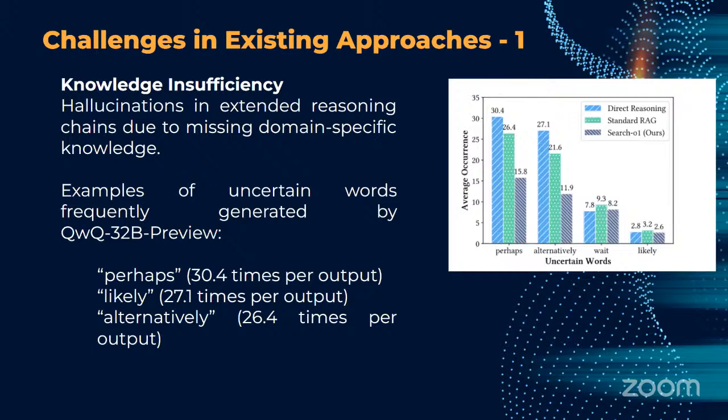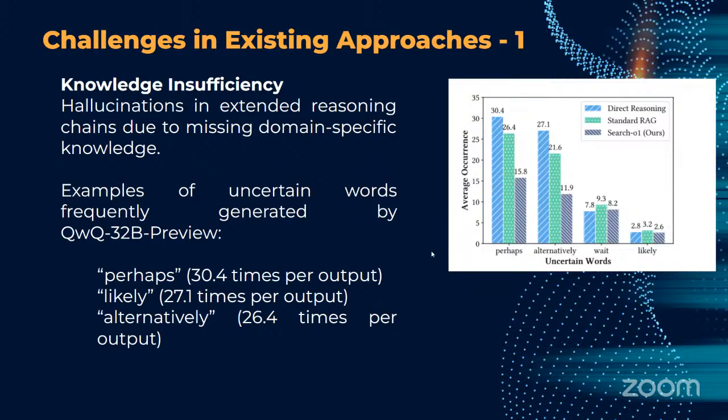Let's further dive into the challenges. The challenge is that when it doesn't have enough context, it starts using uncertain words such as perhaps, likely, alternatively. Like you can see in this graph, it used perhaps 30 times per output, right?